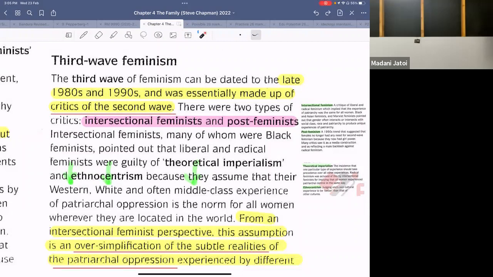According to Black feminists, okay, fine, gender is a reason that puts us down, lets us down. But for Black feminists, more than their gender, their ethnicity is what leads to the discrimination that they experience in day-to-day life.